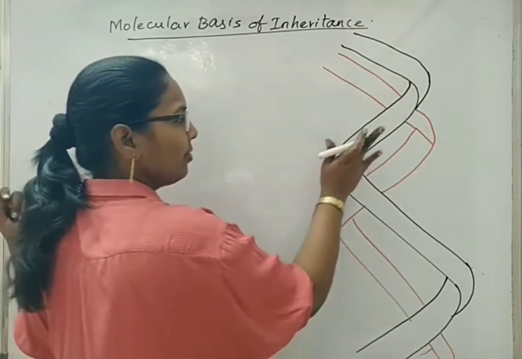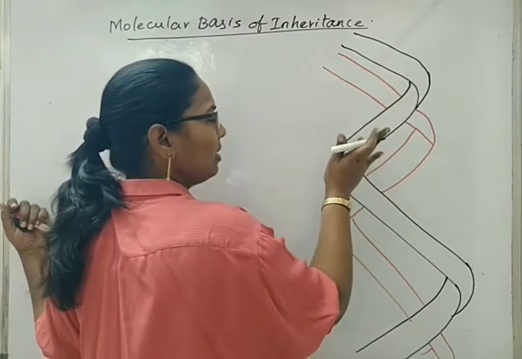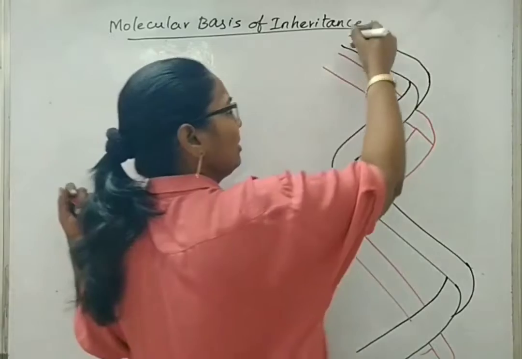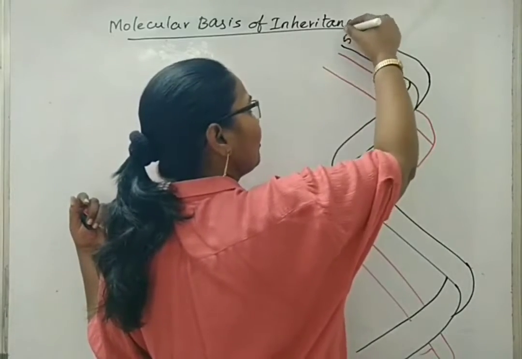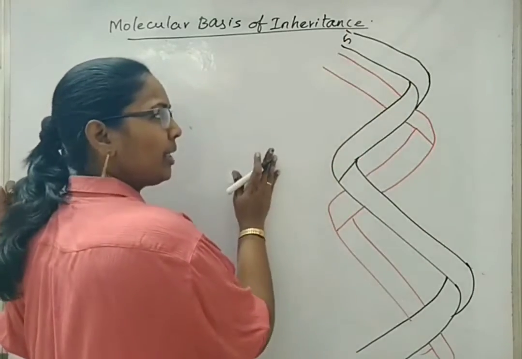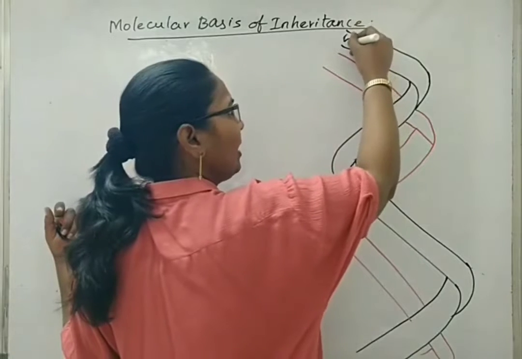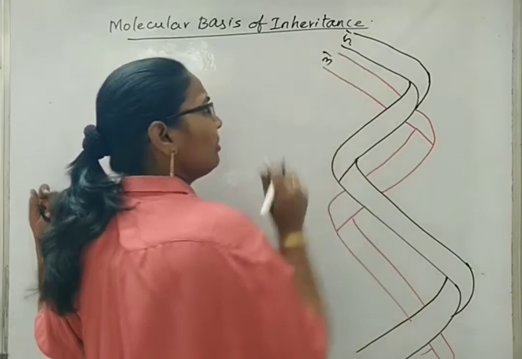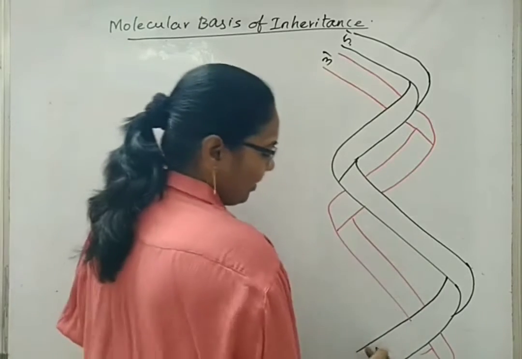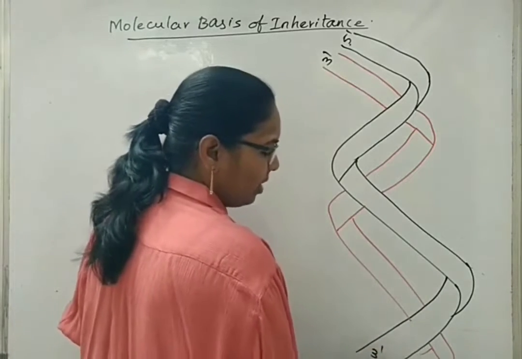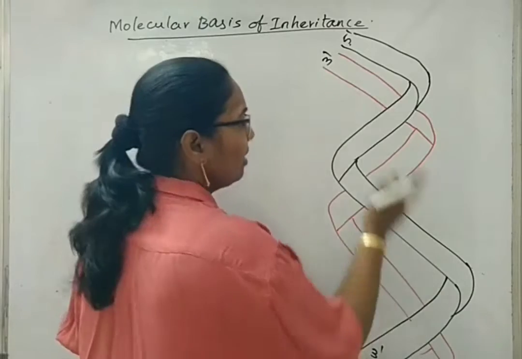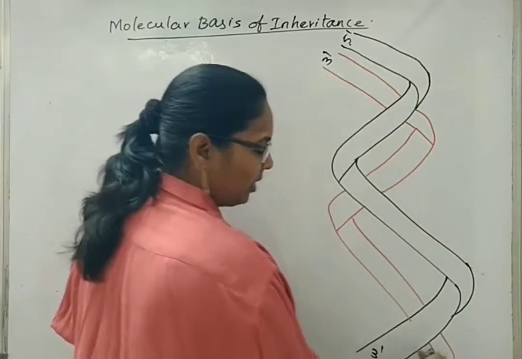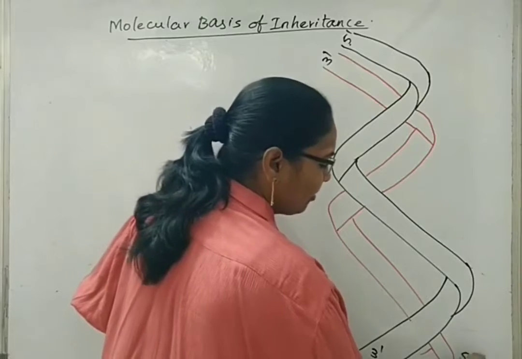Suppose one strand, the black colored one, has at one end 5 prime. If one end has 5 prime, then the other end will have 3 prime. In the same way, this strand will have 3 prime on the opposite end, and the black labeled strand has the 5 prime end. So this end will be 5 prime.